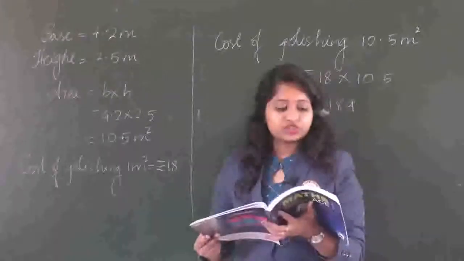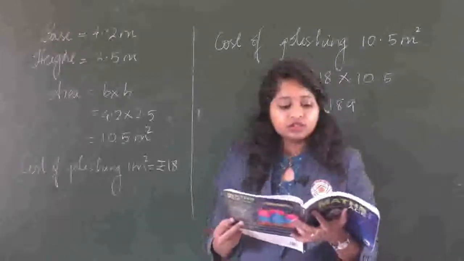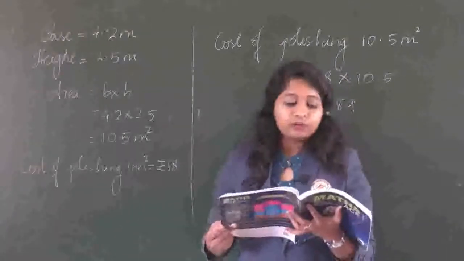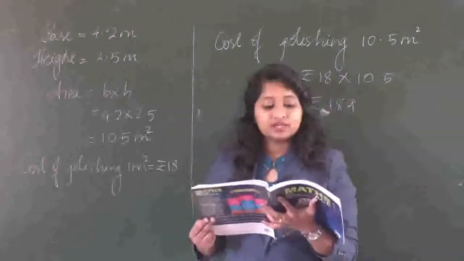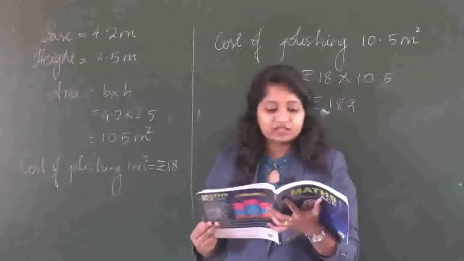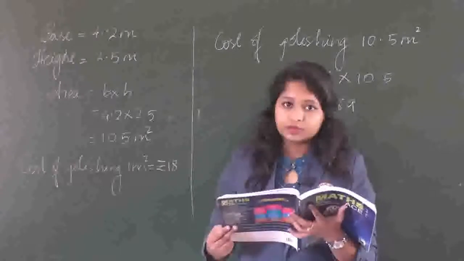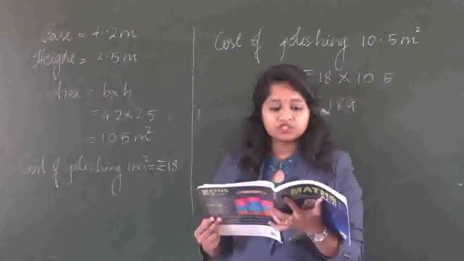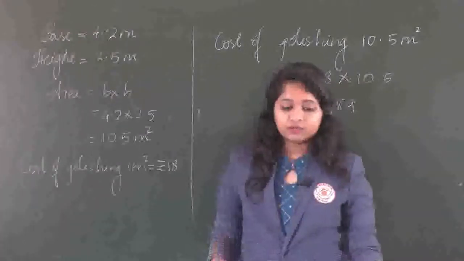Now, let us see one question from area of parallelogram. Okay. Find the cost of polishing a parallelogram shaped table at rupees 18 per meter square. If the base and the corresponding altitude of the table are 4.2 meter and 2.5 meter respectively. Okay.